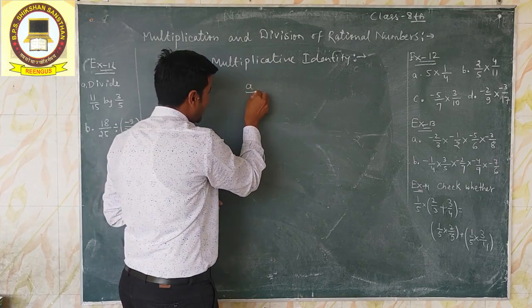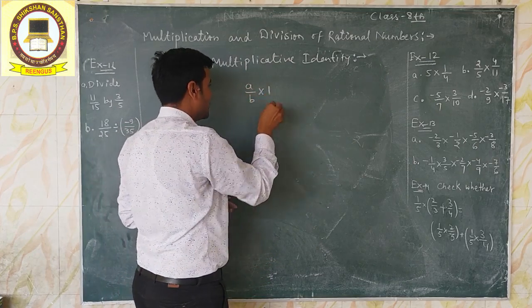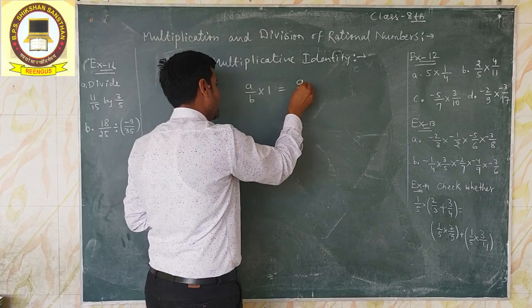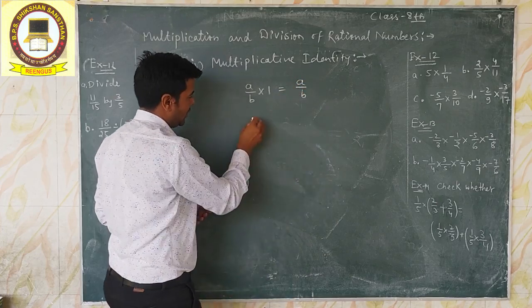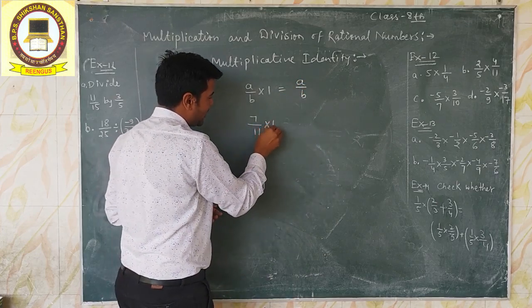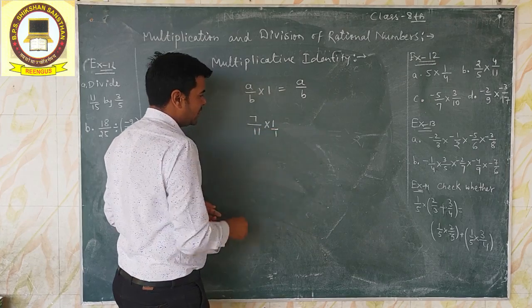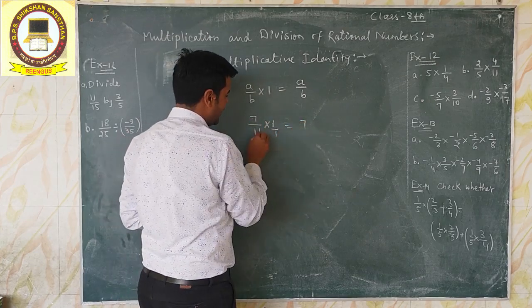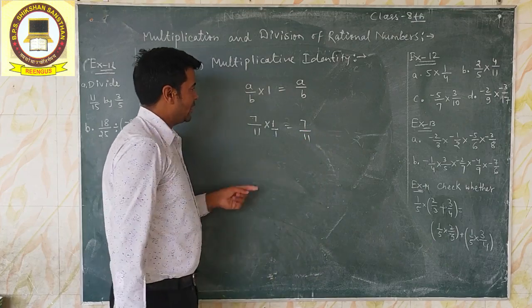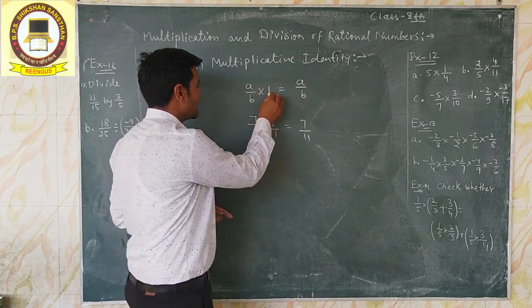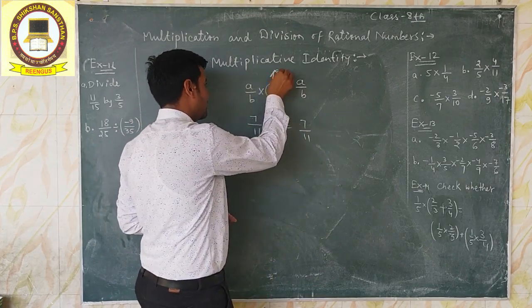So if a upon b is multiplied by 1, we get a upon b. Or if 7 by 11 is multiplied by 1, we can write 1 by 1. So 7 into 1 becomes 7, 11 into 1 becomes 11. So 1 is the multiplicative identity.